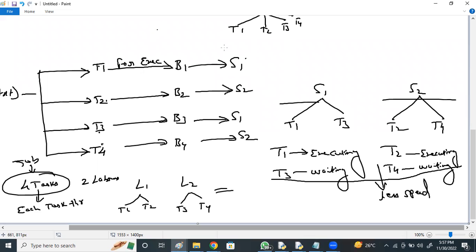2 hours, right? First T1 and T3 execute parallelly. Once T1 and T3 finish, next T2 and T4 will be executed. 2 hours it takes.